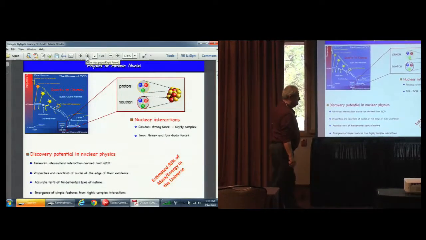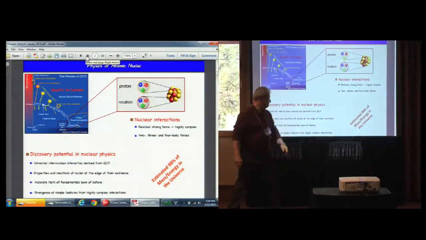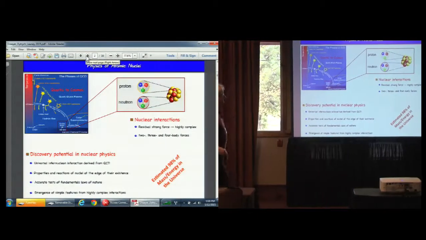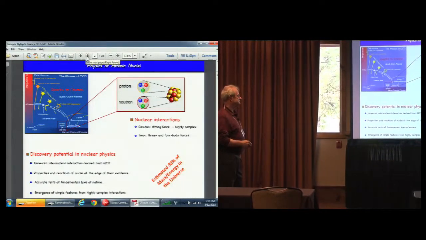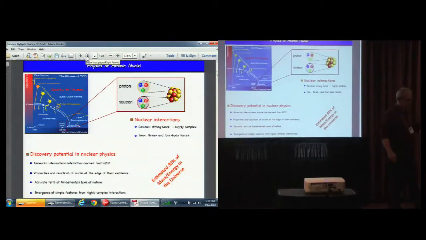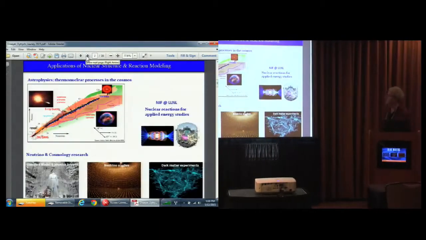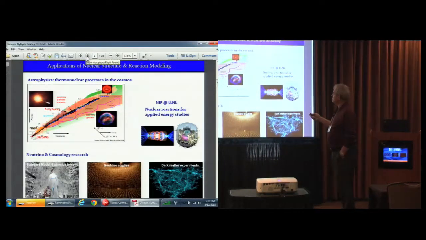Why is it interesting? 98% of the mass/energy of the universe is in nuclear matter, so it's pretty doggone important. So the applications of nuclear structure and nuclear reaction modeling: astrophysics, of course, we've heard about that.